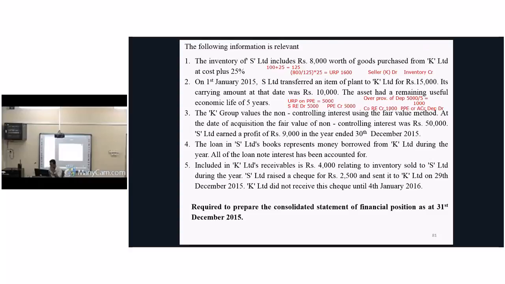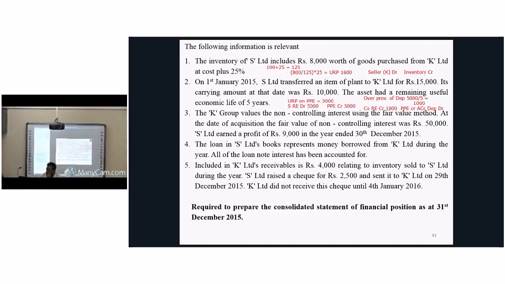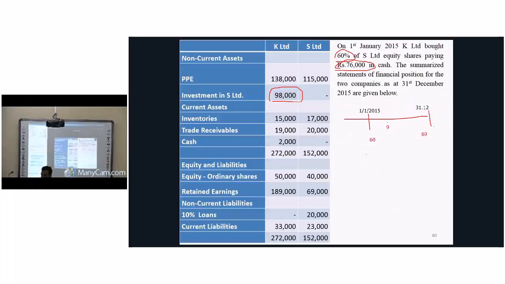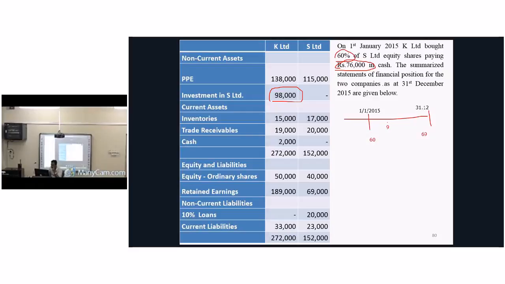Then a fourth one. The loan in S Limited's books represents money borrowed from K Limited during the year. All the loan note interest has been accounted for. Look, is there any loan receivable and payable? There is a loan given by K, 20 here. And here the investment.